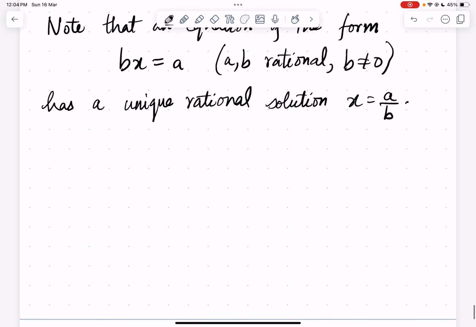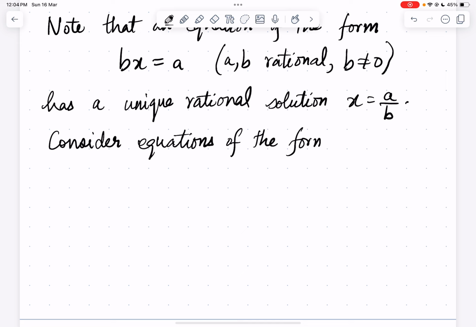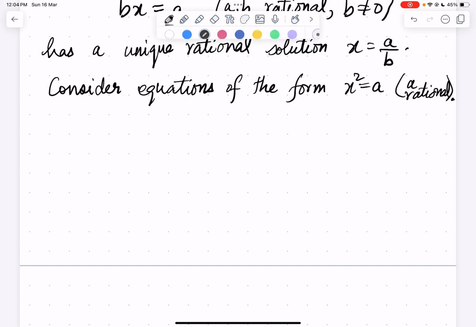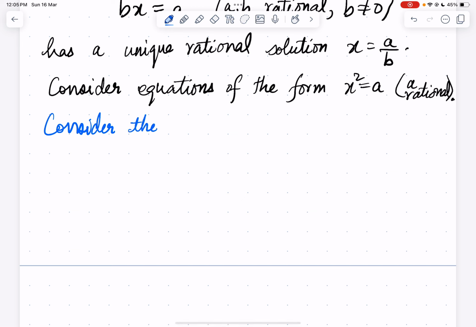So consider equations of the form x square equals a, where a is rational. More specifically, consider the equation x square equals 2.